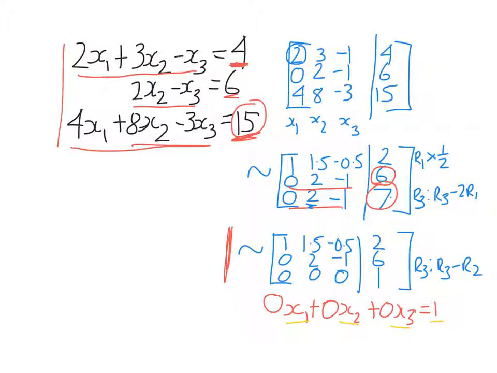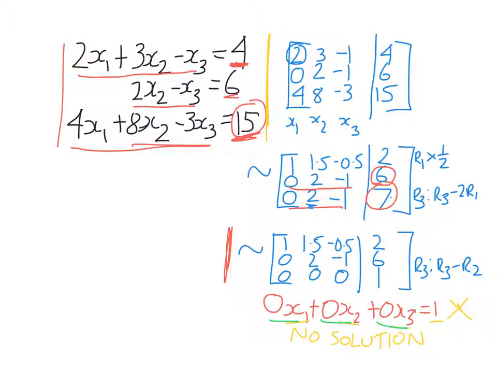You're adding up heaps of zeros and getting 1. That doesn't make sense. That has no solution. It is inconsistent. So we don't need to worry about free variables or anything here. There is just no solution because any solution to these 3 equations would have to satisfy 0x1 plus 0x2 plus 0x3 equals 1. There is nothing in the world that satisfies that.